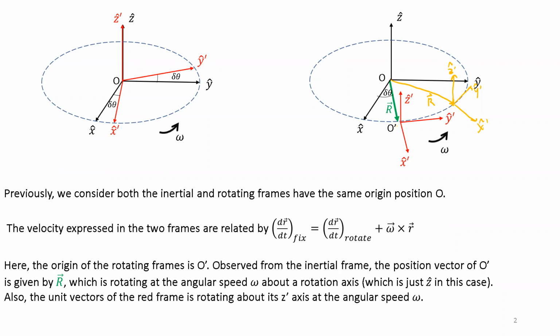So now you can see that two things are going on. One is that the origin of the rotating platform is moving, changing position as a function of time, and at the same time the basis vectors are rotating. So instead of just pure rotation, there are two things going on.